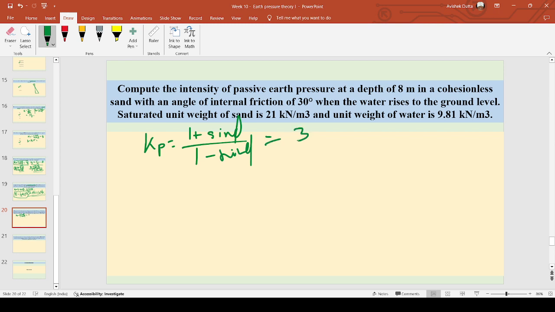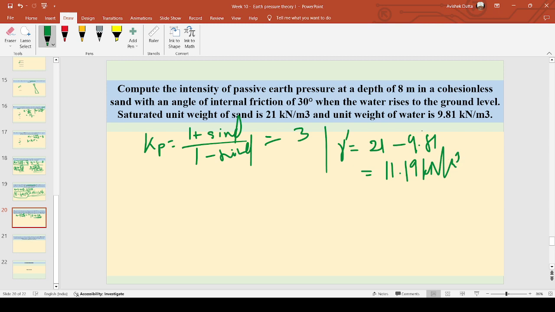Saturated unit weight is given, and in the case of earth pressure we first calculate the submerged unit weight, submerged pressure, and then the pressure of water separately. So gamma submerged will be gamma sat minus gamma w, that is 21 minus 9.81, approximately 11.19 kilonewton per meter cube.